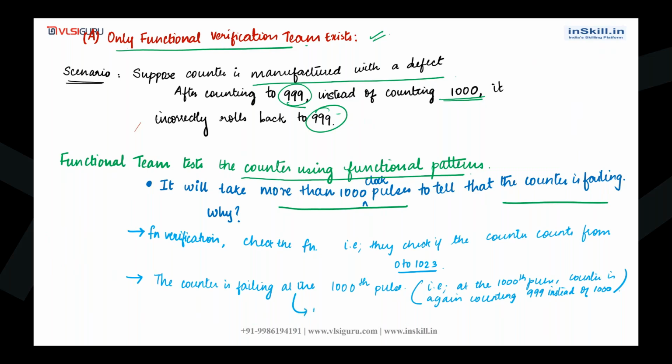So 1000 pulses are required for this, and some more clock pulses are required for counter initialization and counter observation.